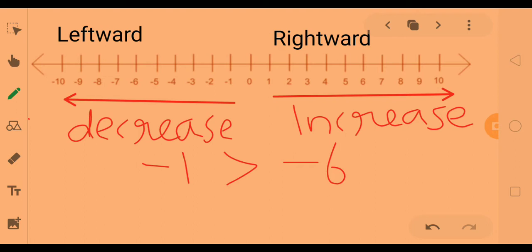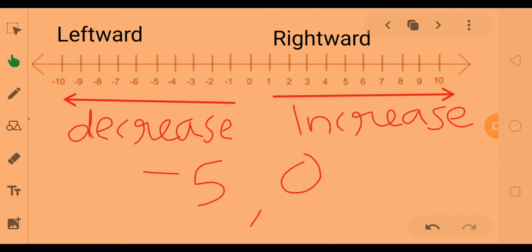Take any other example. Let's take 0 and -5. Can you tell me which integer is to the right and which is to the left? From the number line we can understand that -5 is on the left side and 0 is on the right side.